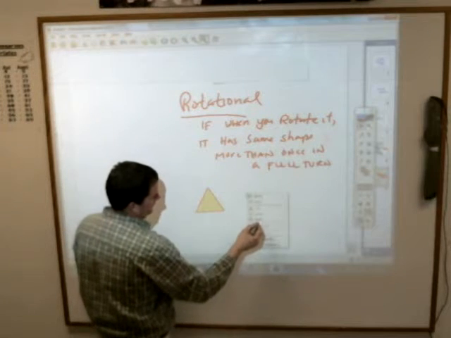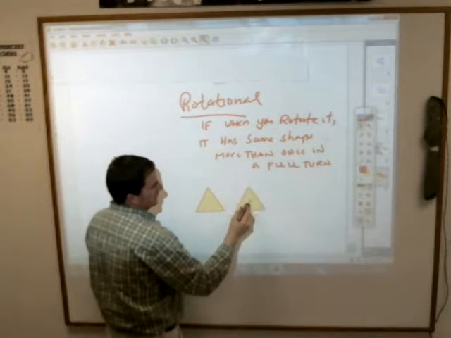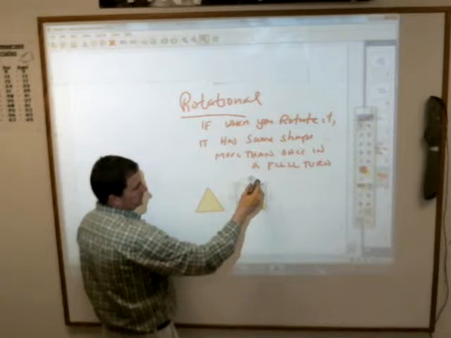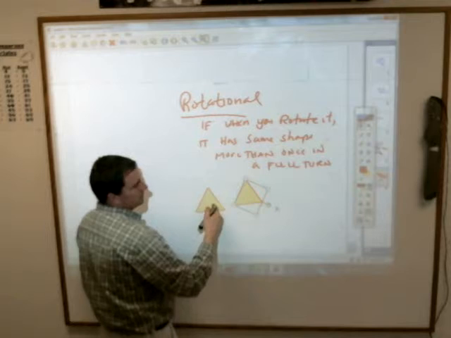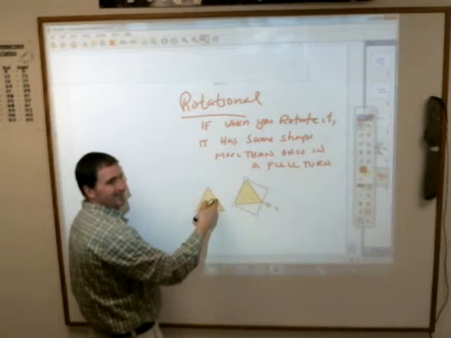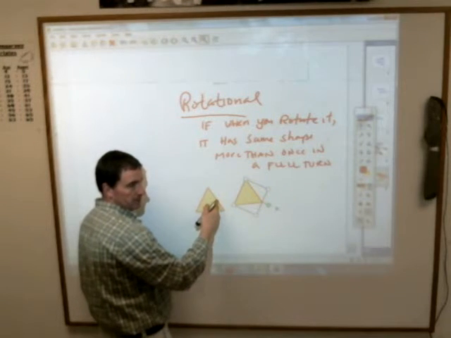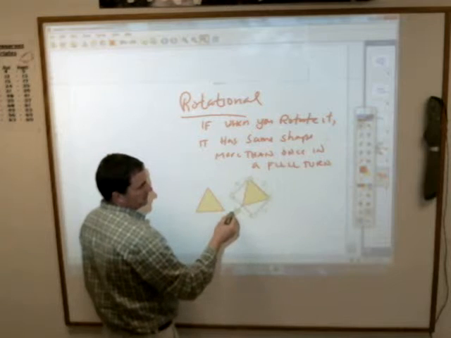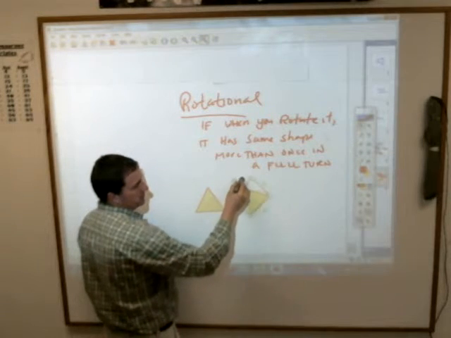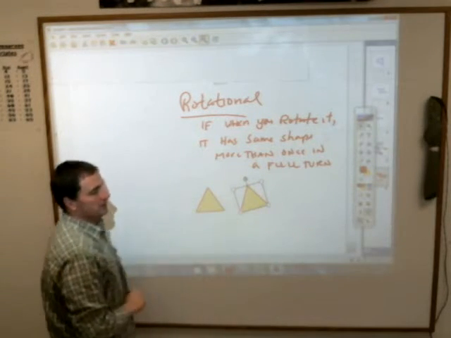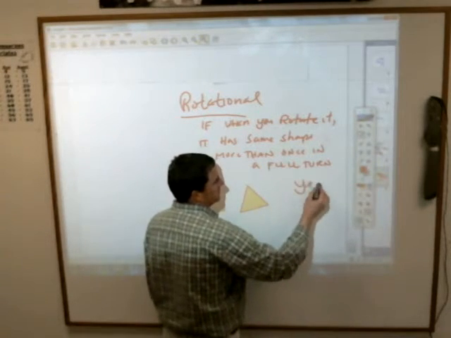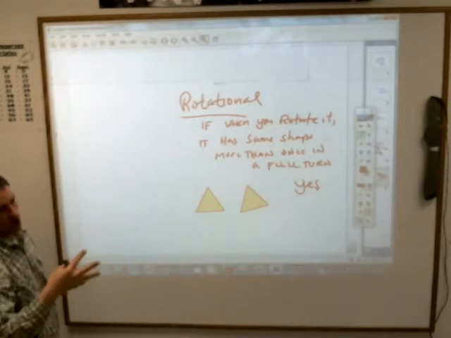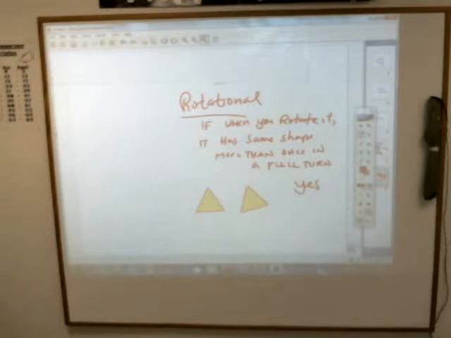Now this one here, okay, if I take this shape, and if I spin it only this much right here, and I've only gone a third of a turn, looks just like it, then it does have rotational symmetry. Okay, and I spin it again, looks just like it here. It actually appears 2 other times besides that last time. So the answer to this is just yes, it has rotational symmetry, because it looks just like itself before you spin it a whole turn.